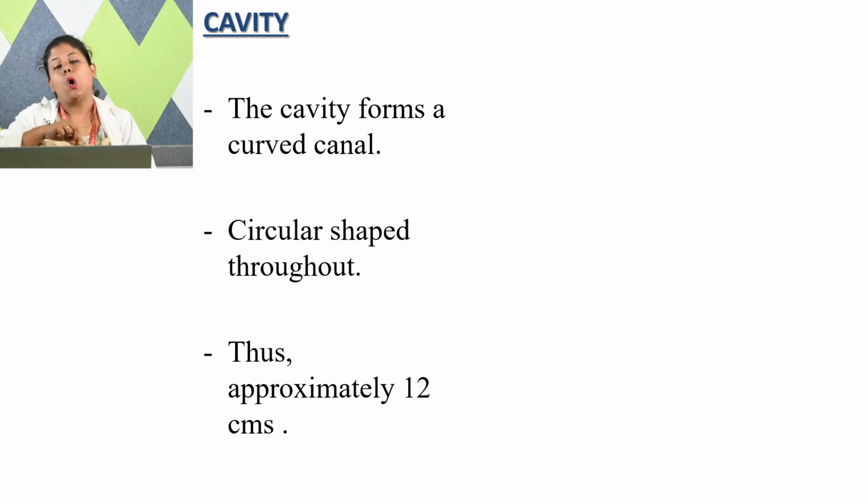Because of that, all the diameters, whether anterior posterior, oblique or transverse, measure 12 centimeters. As we know, whenever it is a circle, the diameter always comes the same, 12 centimeters, wherever we measure.